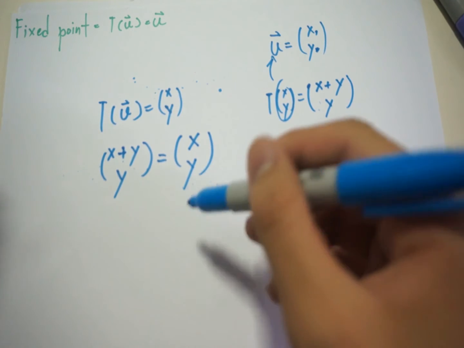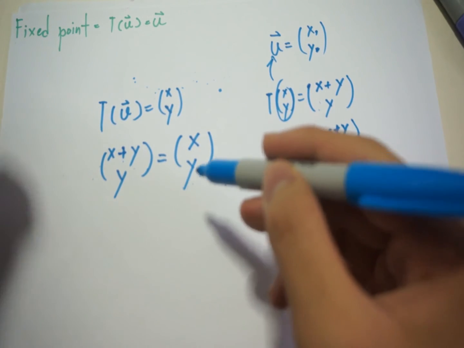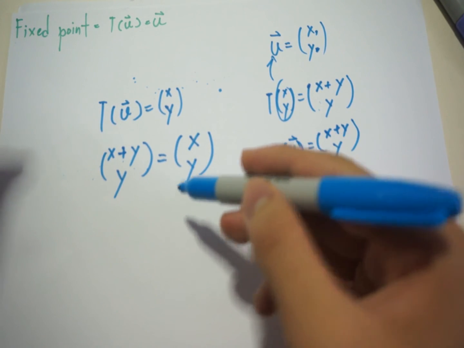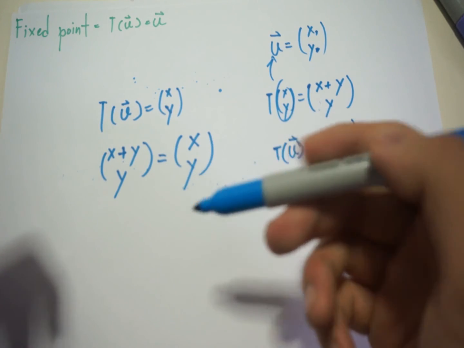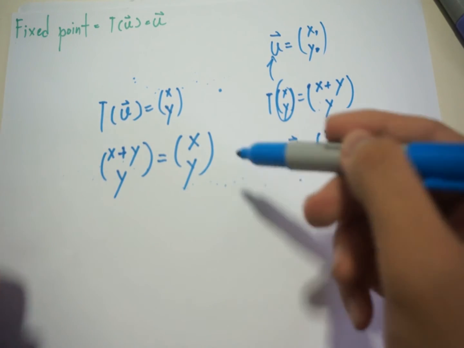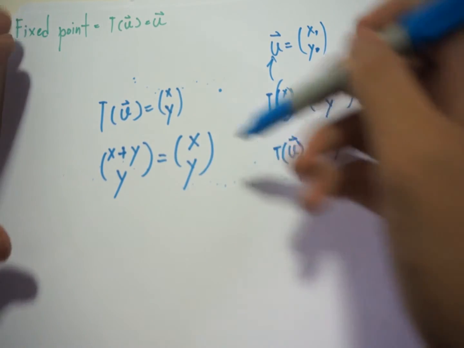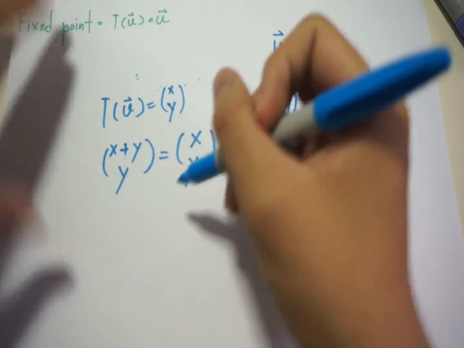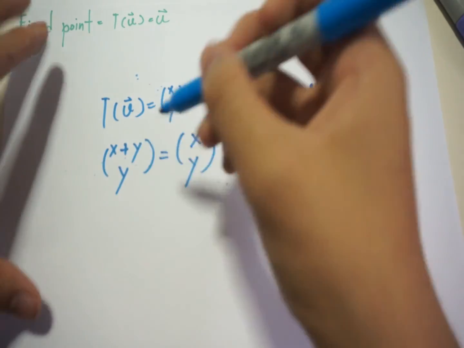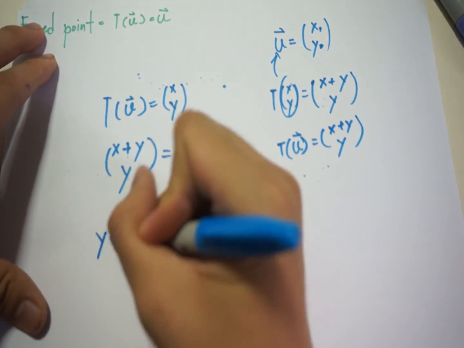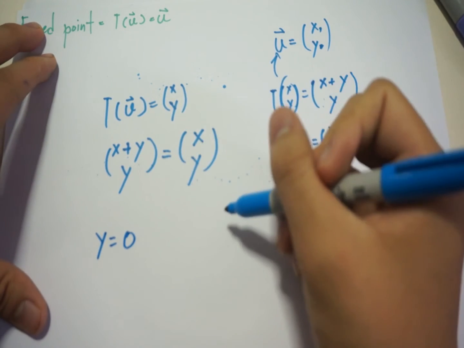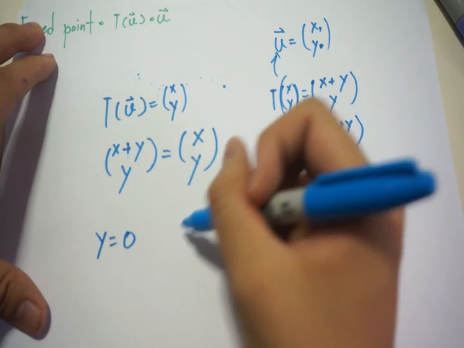Okay, now let's see. Is there any way that we can make them equal? And the answer to that question is yes, we can, but on one condition. We can have a fixed point when y is equal to 0. Like this.